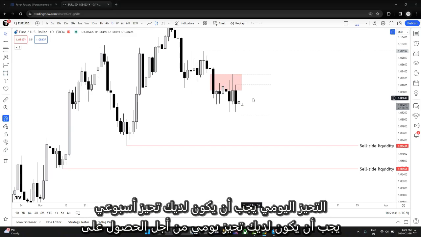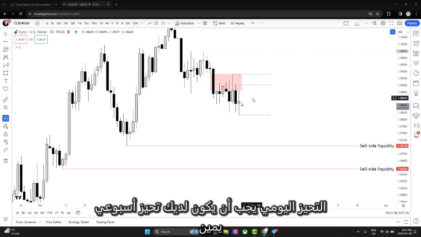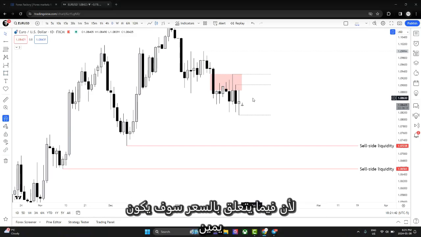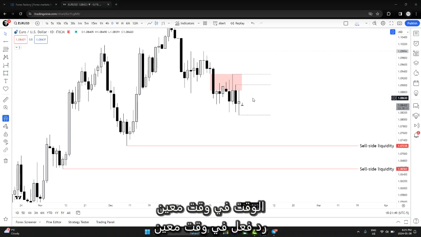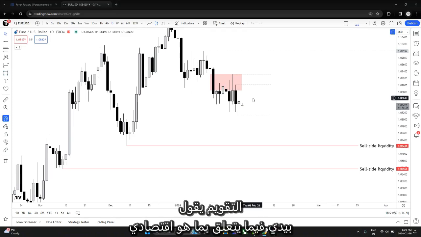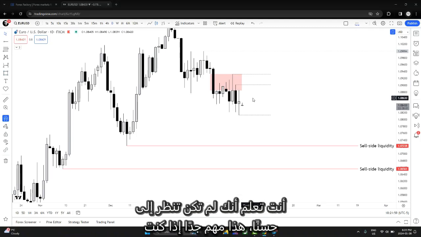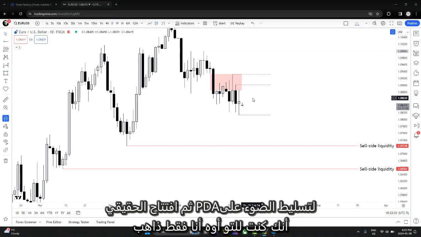In order to have a daily bias, you should have a weekly bias, right? Because in regards to time, price will react at a certain time on a certain PD array in respect to what the economic calendar says, right? So that's very important. If you haven't been looking at that, and you've just been, oh, I'm just going to highlight PD arrays and true open, then you're doing it wrong.